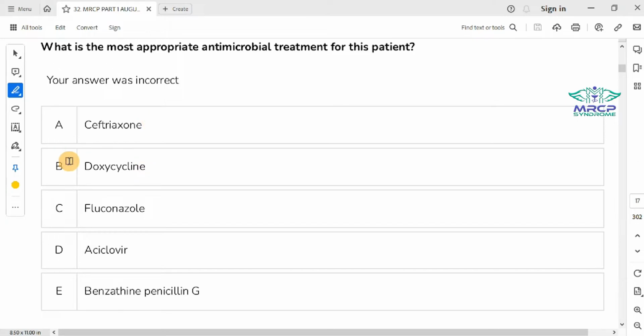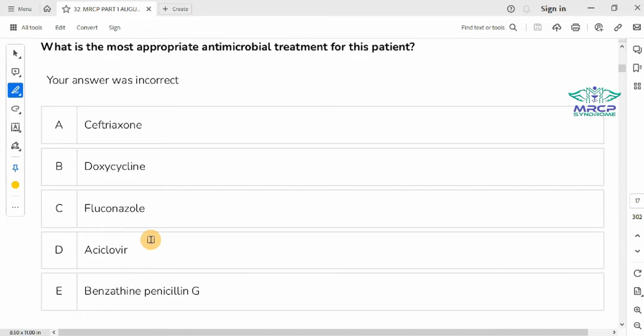Doxycycline can be given in a patient with syphilis if the patient is penicillin allergic. For doxycycline, we need a 2 week treatment, either 500 milligrams twice daily or 100 milligrams once daily. And fluconazole is indicated for fungal infection.